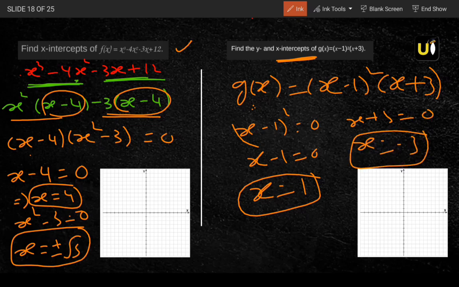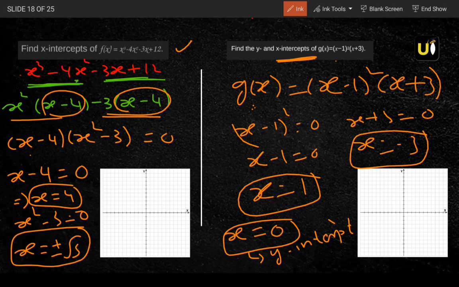Then what about y-intercept? Y-intercept means we will substitute x value as 0. The value obtained by substituting x as 0 will be the y-intercept.